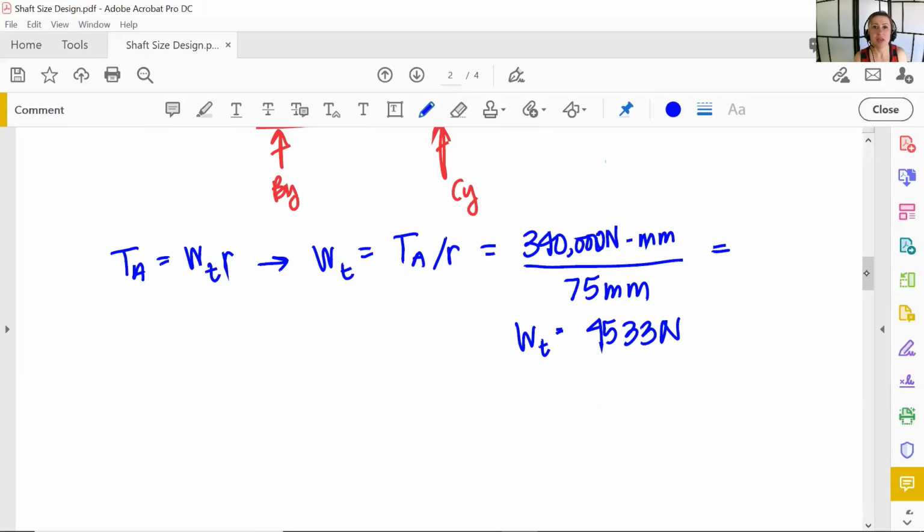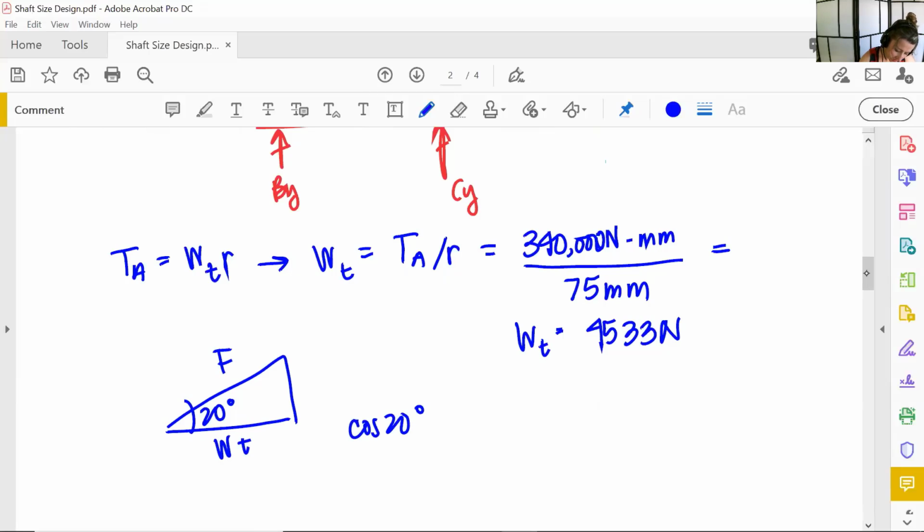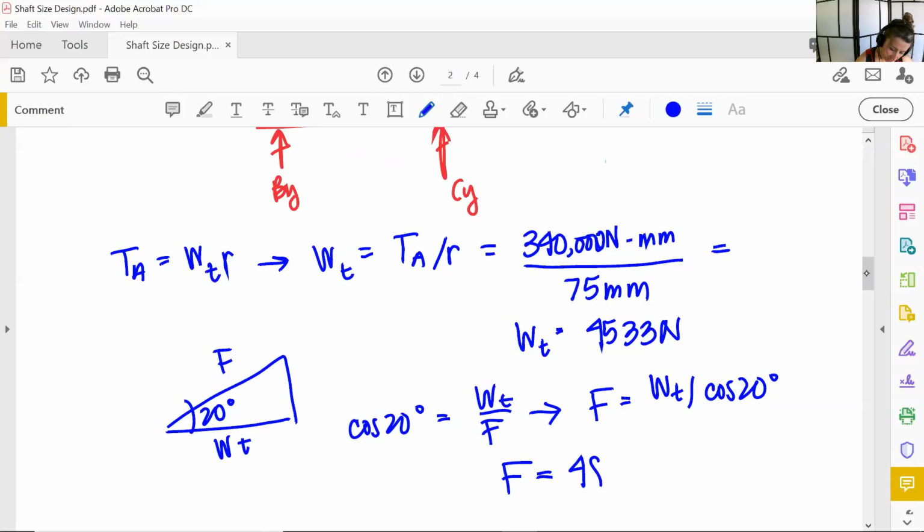And then we have to relate WT to F. So 20 degrees, here's WT, here's F. Cosine 20 degrees equals WT over F. So F equals WT divided by cosine 20 degrees. So our total F is 4,824 newtons.